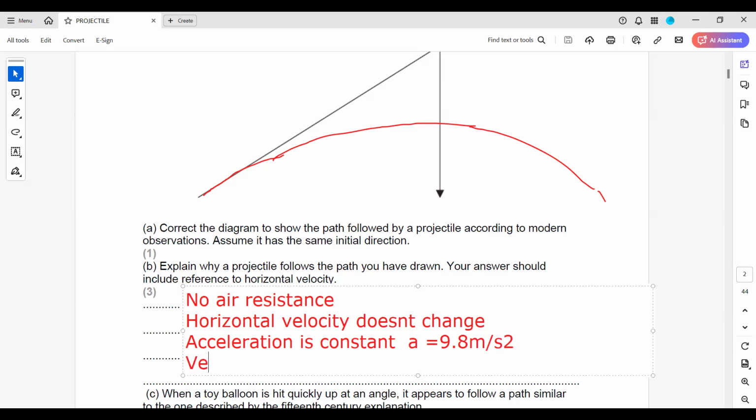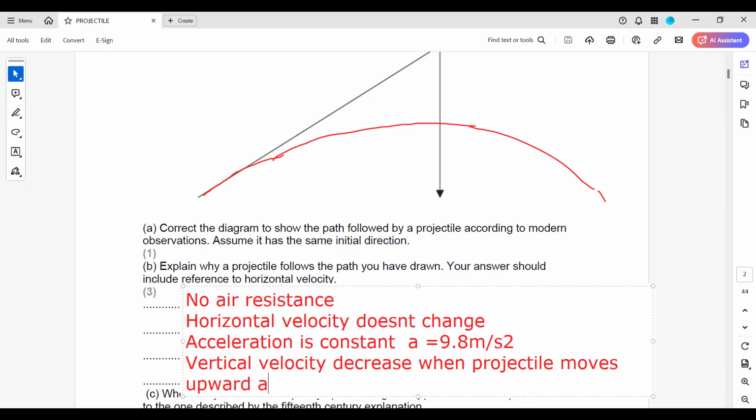So the vertical velocity decreases when the projectile moves against gravity, or upward, and then it will increase, and it will be zero at the maximum height. You just have to explain the motion here.